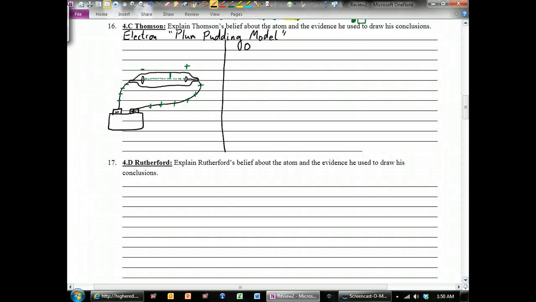So he had some observations. The first observation was that this quote-unquote beam of light traveled from left to right in this case, which was from the negative terminal to the positive terminal.